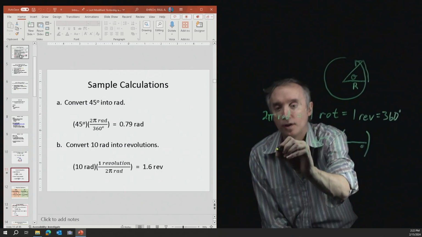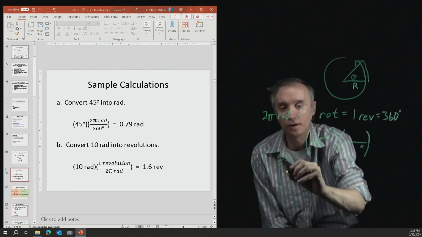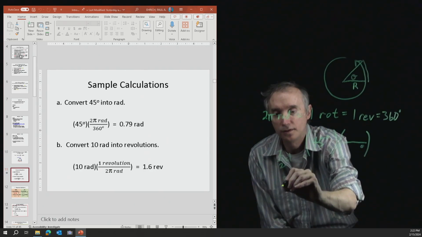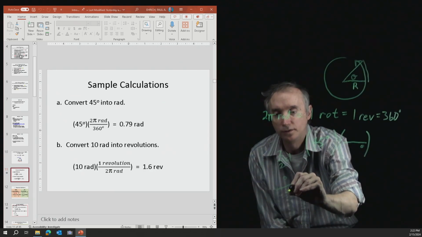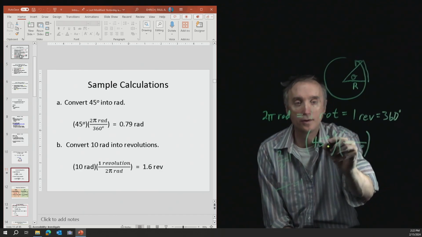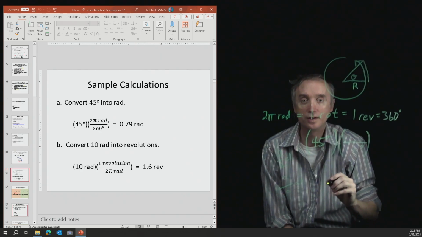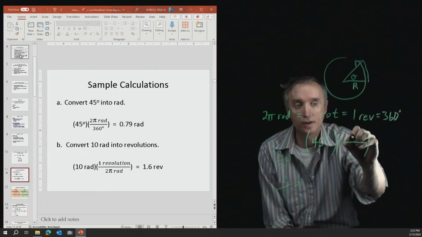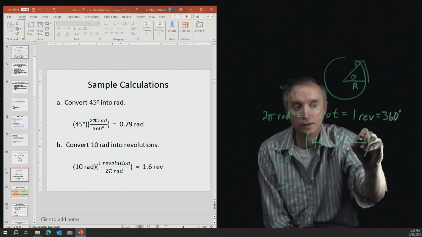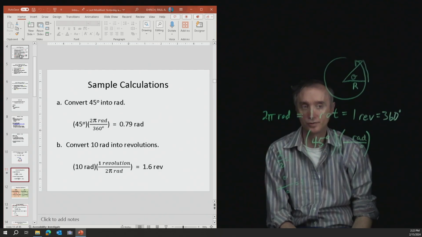So you should know that 2 divided by 2 is equal to 1. So therefore, a degree divided by a degree has to equal 1. So this degree here is going to cancel with this degree, but we're trying to get to radians, so that means that we need to put the radian on the top. Okay, now we need to put the numbers in there.